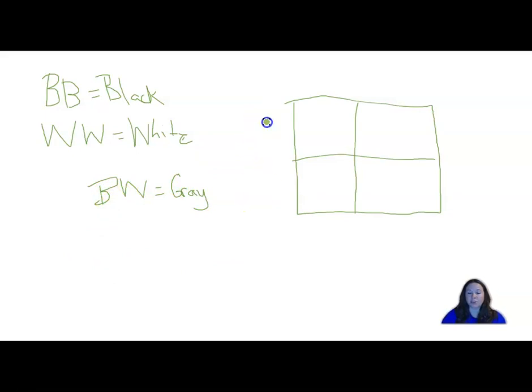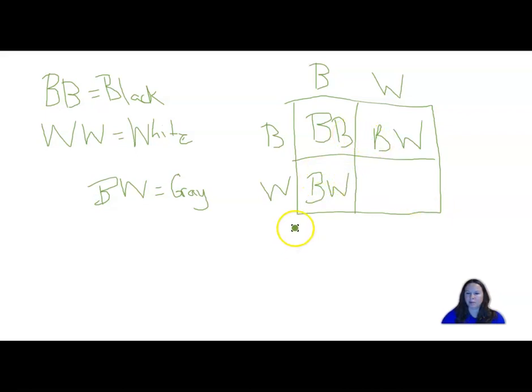Let's say that I mix two gray chickens. Cross two gray chickens. What will I get? Right? There's gray chicken mom, gray chicken dad. Let's put them in the squares. Again, be consistent. If you're going to write B's first, write B's first. If you're going to write W's first, then write W's first all the time. Let's bring our W's here. There. All right, so what do I expect for my offspring?